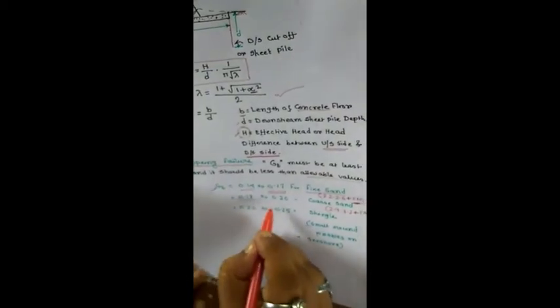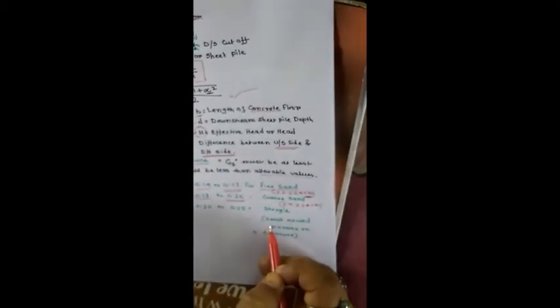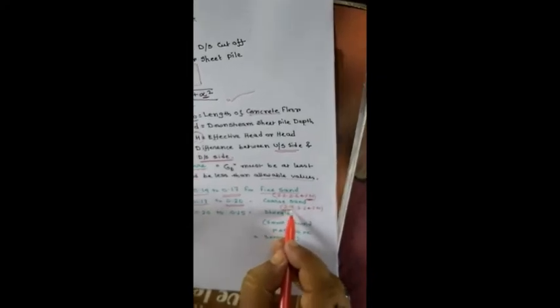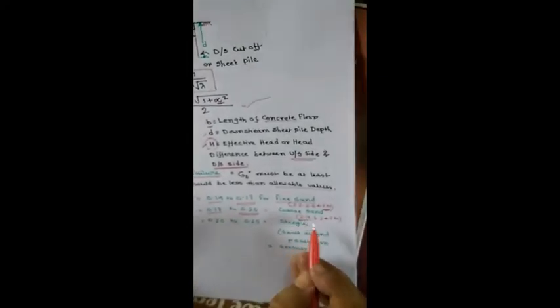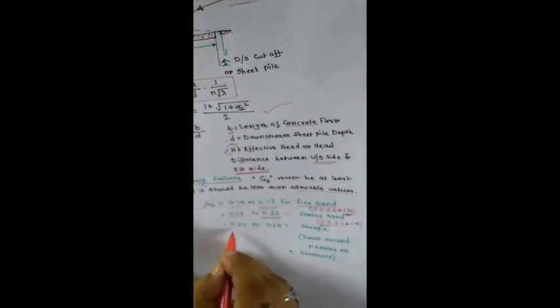If it is 0.17 to 0.20, then it should be coarse sand. How are we able to recognize coarse sand? If the fineness modulus value lies between 2.9 to 3.2, then it is reckoned as coarse sand. And if the value is 0.20 to 0.25, we are talking about the values for the subsoil materials.